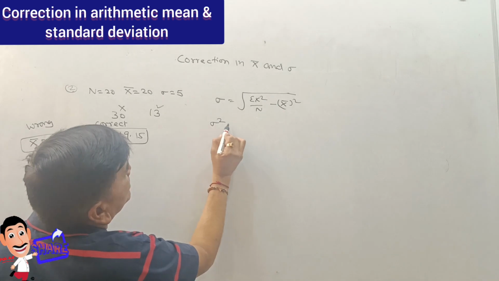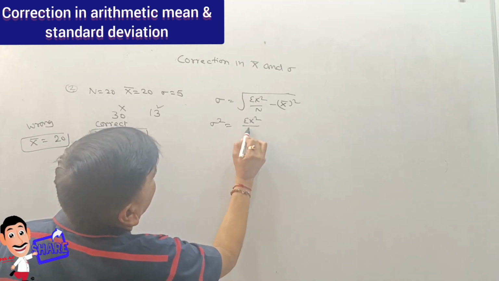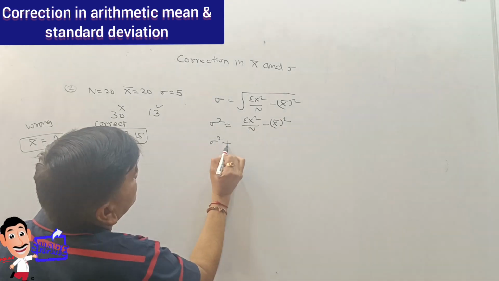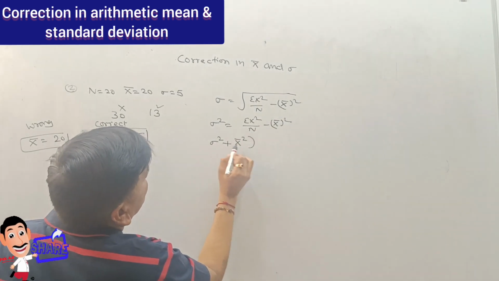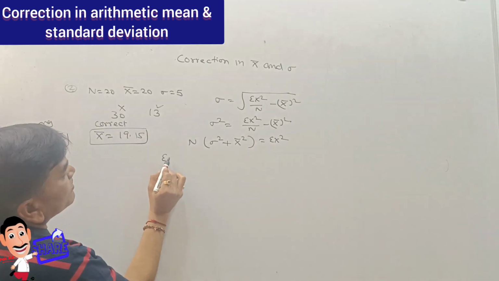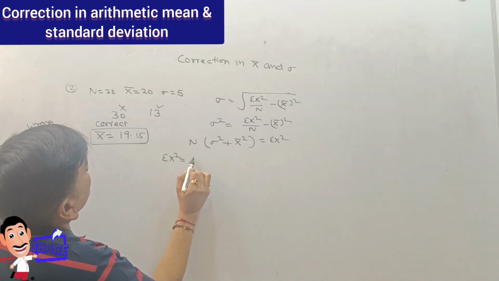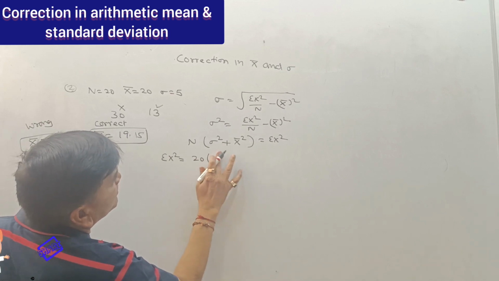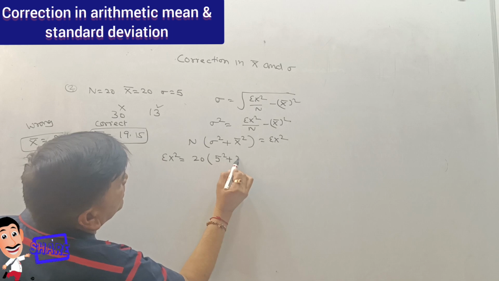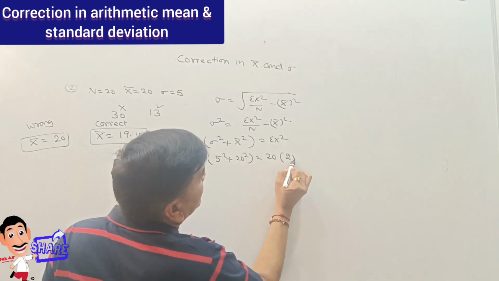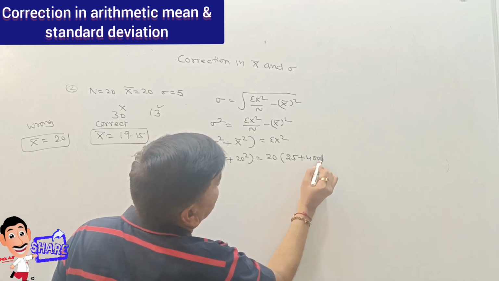So standard deviation square plus x bar raised to power 2, multiplied by n, is sigma x square. So sigma x square is n = 20, standard deviation 5 raised to power 2 plus 20 raised to power 2, so 25 plus 400.